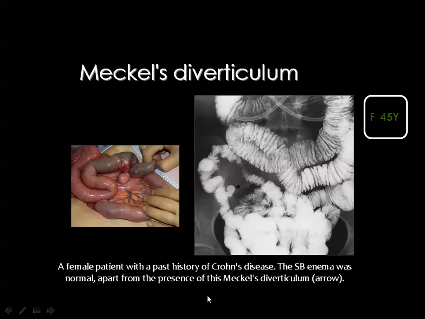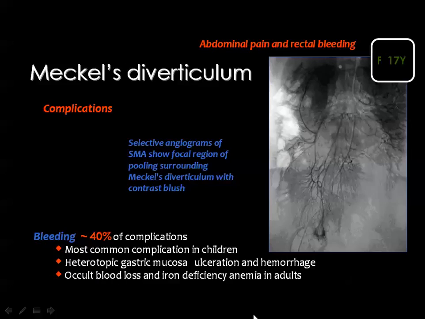Actually, you know that identification of Meckel's diverticulum by the ordinary barium meal follow-through and even by the small bowel enema is very difficult, because the diverticulum is small and is usually hidden between the opacified bowel loops. But there are a lot of ways to identify the site of the diverticulum whenever it is clinically suspected, and one of these techniques is to do a selective angiogram of the superior mesenteric artery.